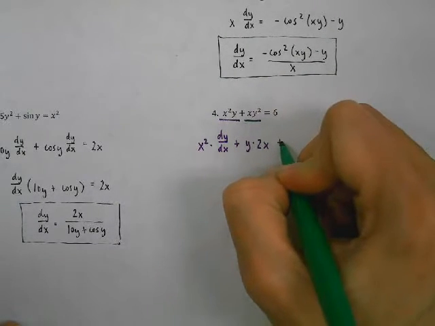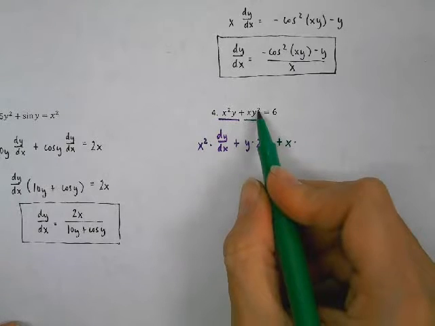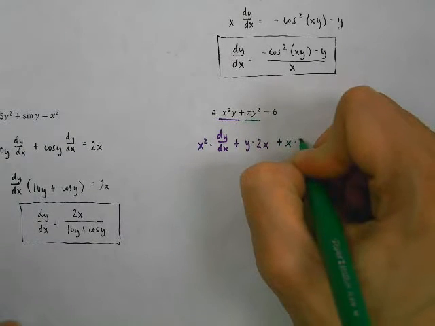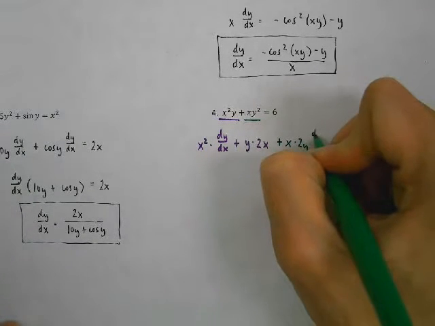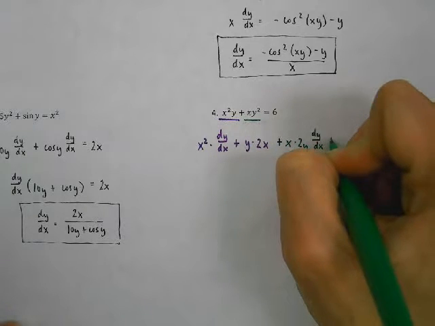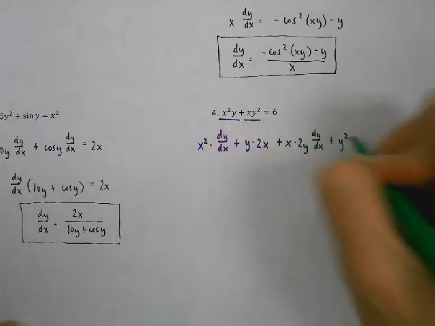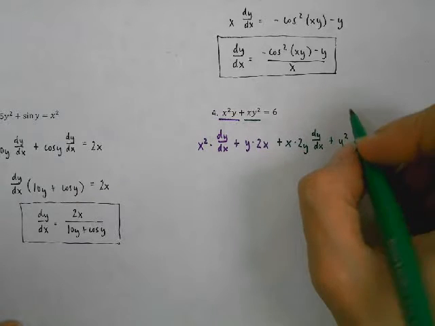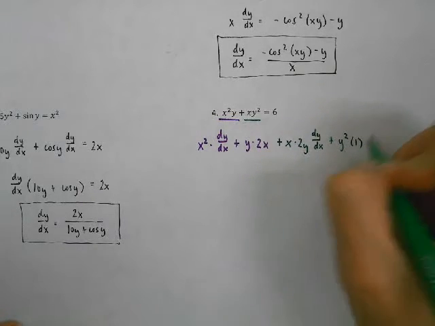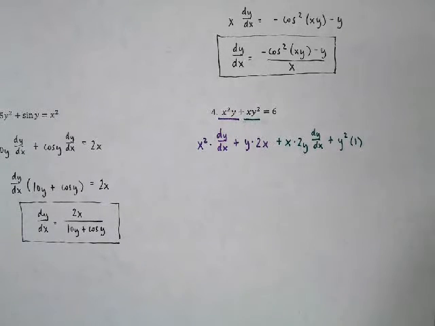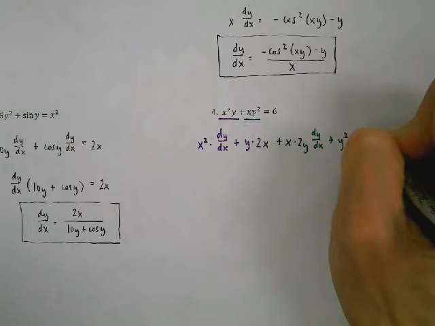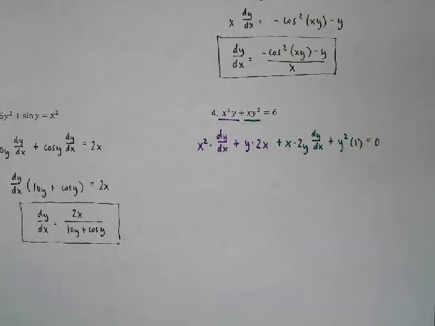So I have plus x. Now my derivative here of y squared is going to give me 2y times dy/dx plus y squared times the derivative of x, which is just 1. And that's all equal to the derivative of 6, which is equal to 0.